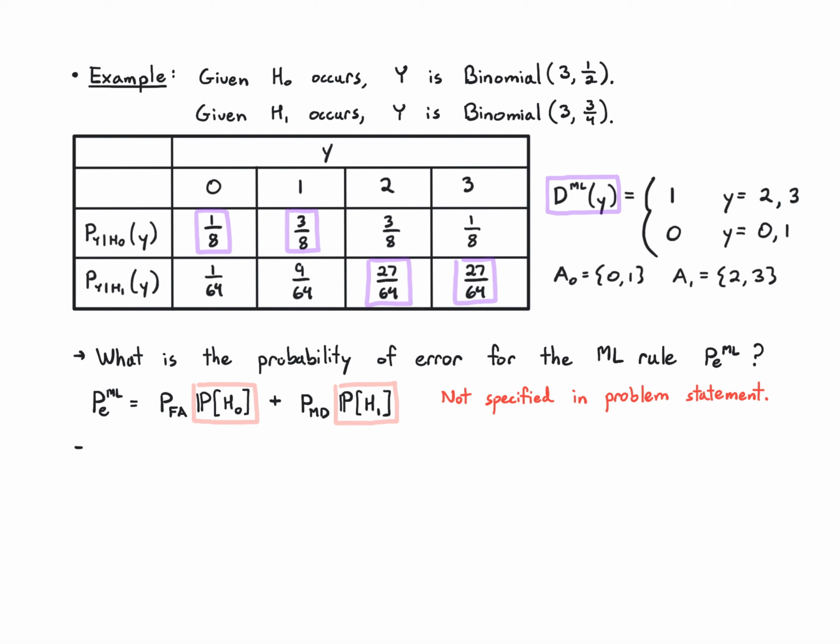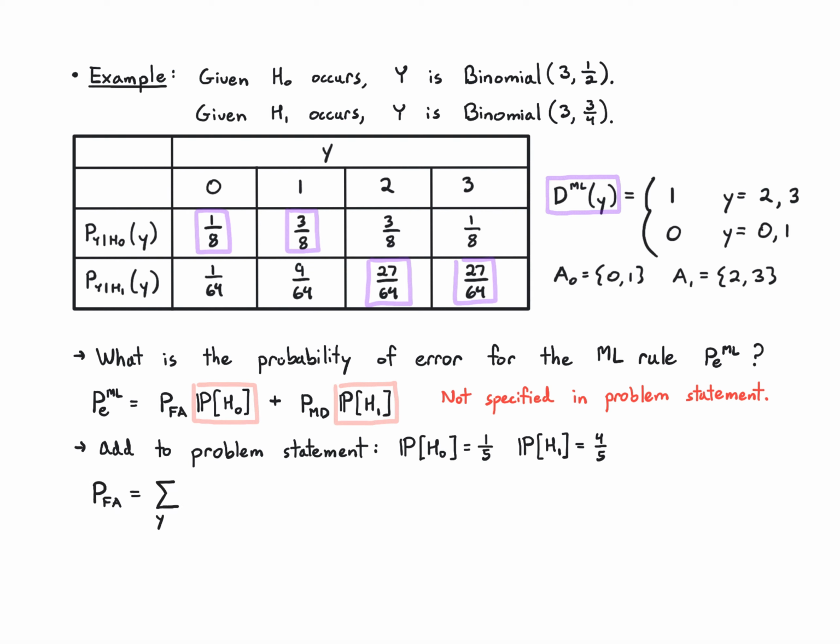Well, I'm just going to add it to the problem statement in this case, so let's just say that we do know it. So let's say, kind of arbitrarily, that probability of H0 is 1/5, and the probability of H1 is 4/5.